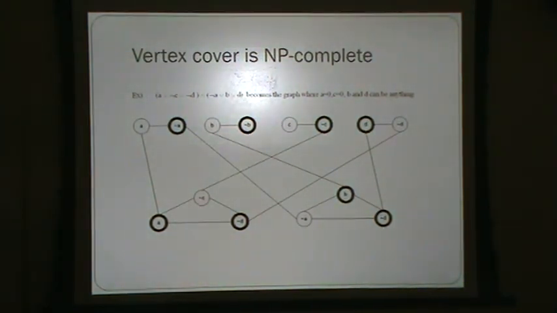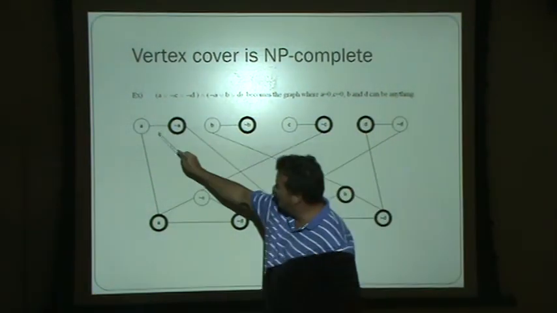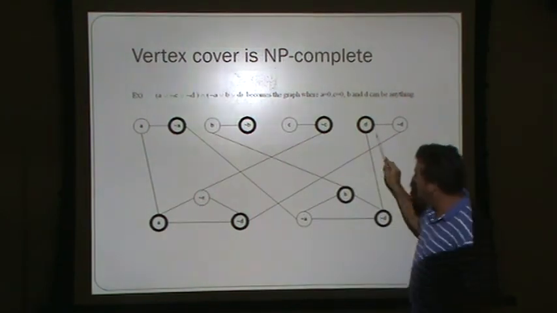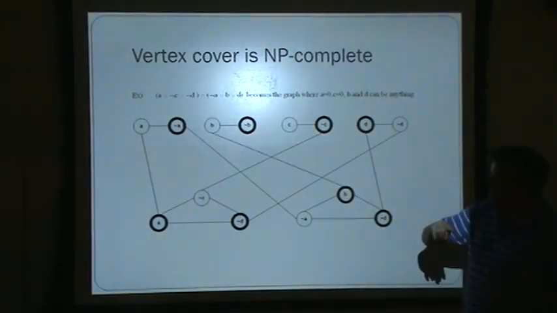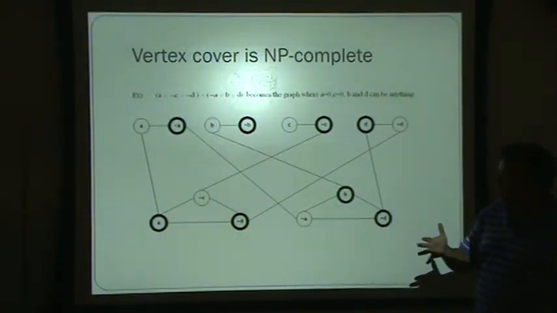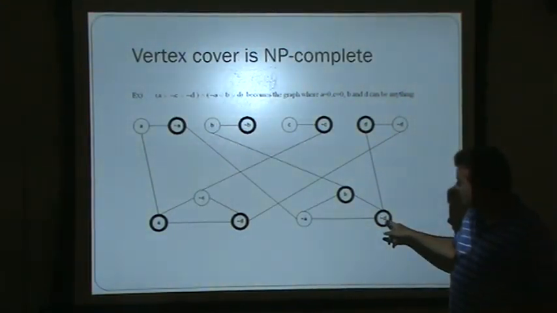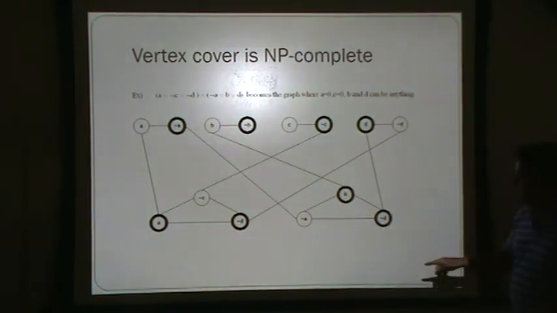And what would it mean if we could? If we could, then we're setting the inputs A, B, C, and D to either 1 or 0, but not both, and we're making all of the triangles become true.